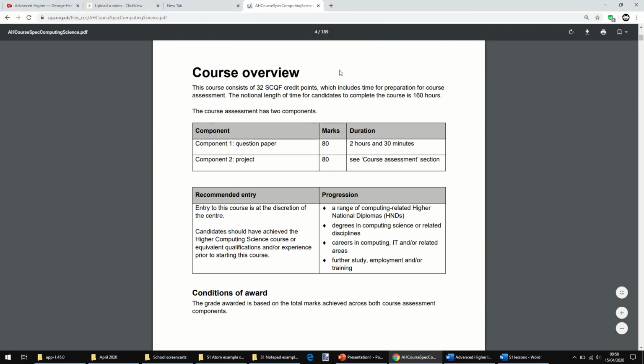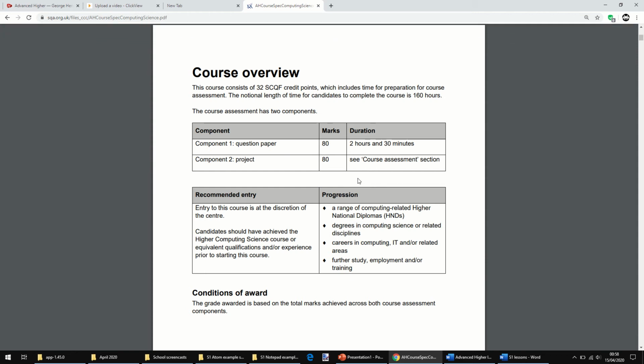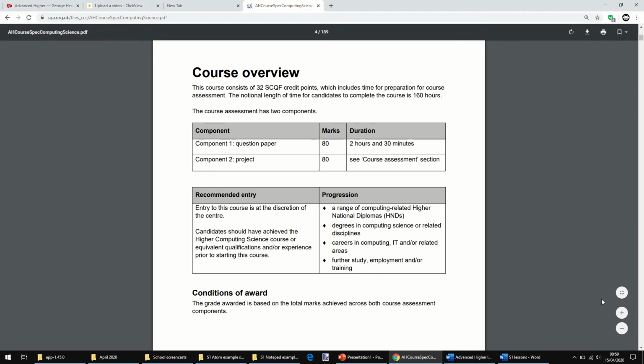First of all, you're probably aware of this already, but the way the course is structured: you've got the question paper, 2.5 hours, and then you've got your project, which is worth the exact same amount, so 50% each. And the project's why people enjoy advanced higher.